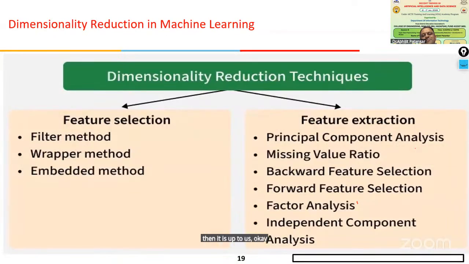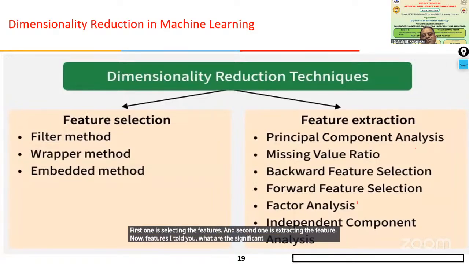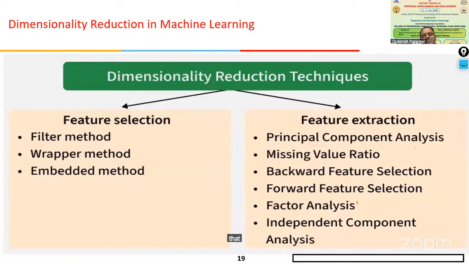Okay. So, dimensionality reduction techniques. How to do that reduction? There are 2 methods in dimensionality reduction. The first one is selecting the features, and the second one is extracting the features. Features, I told you, are the significant important features that you need to select. You cannot consider all the parameters.